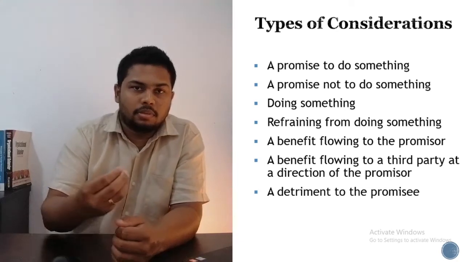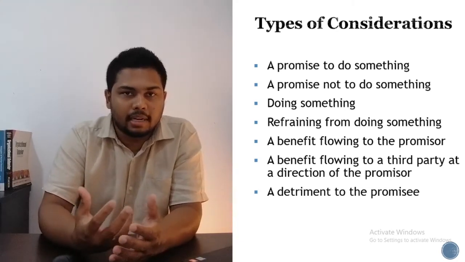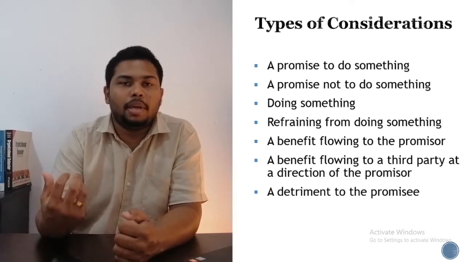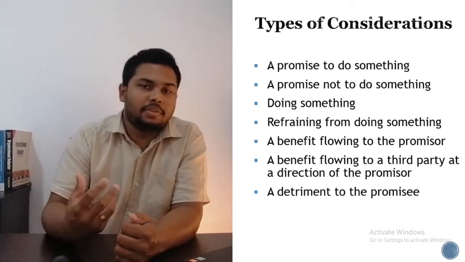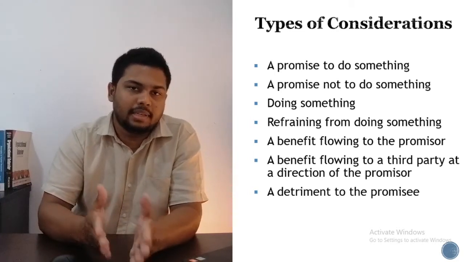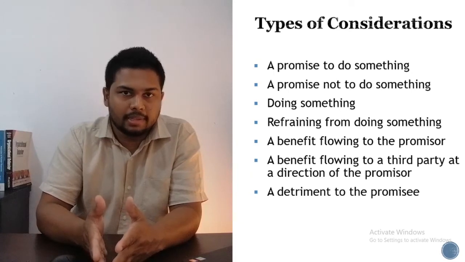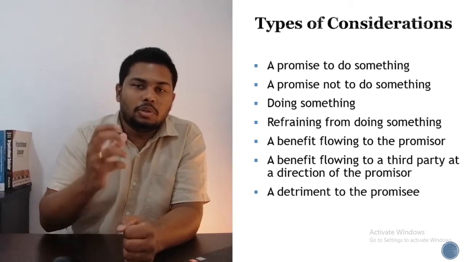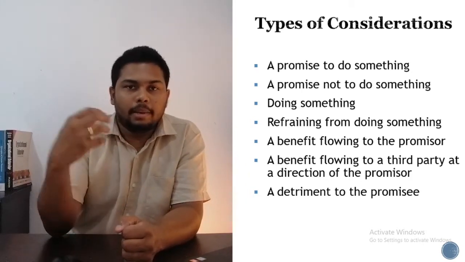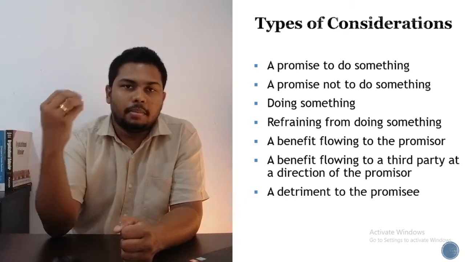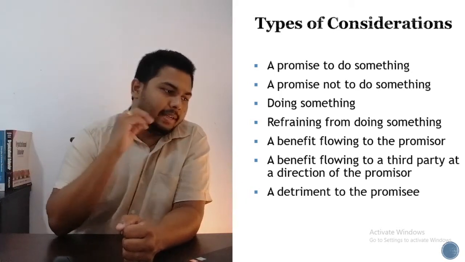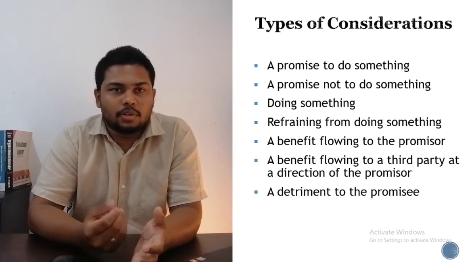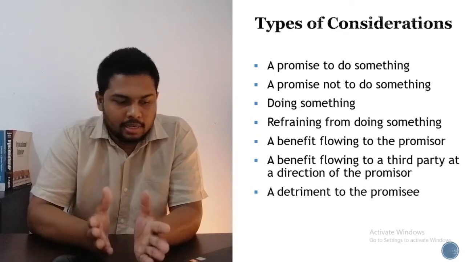Rather than getting that amount from you, I will ask you to directly remit that amount to that creditor to pay off my debts. So that is one way of appointing a third person as the receiver of a consideration. Your consideration will be received by a third party named by the promisor. And the next one is a detriment to the promisee. It's a cost for you, the promisee.